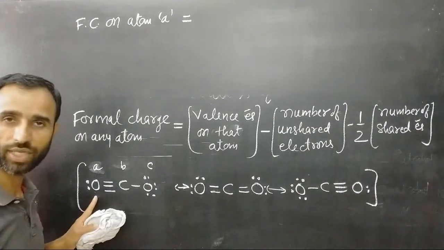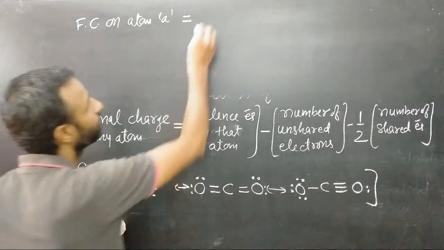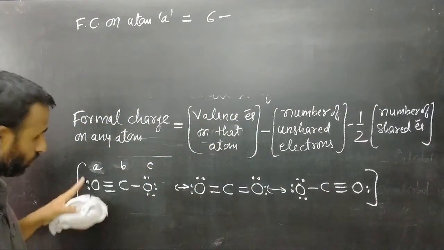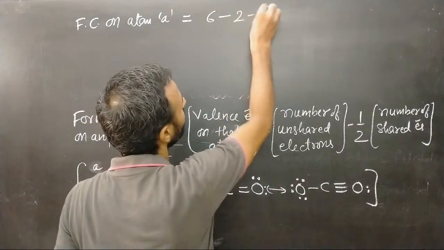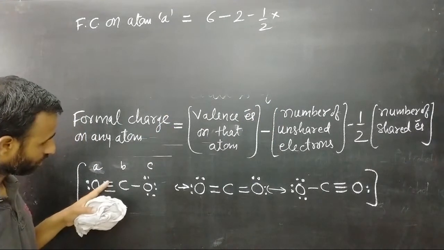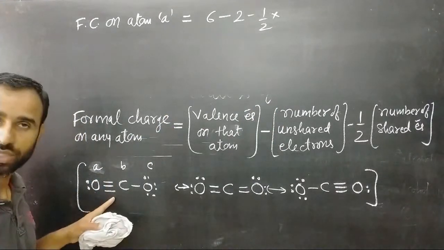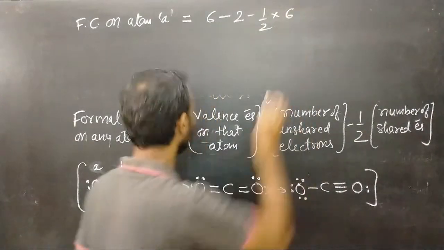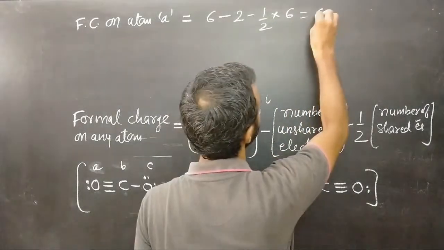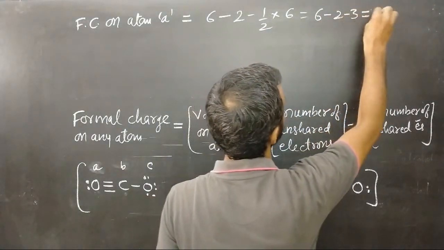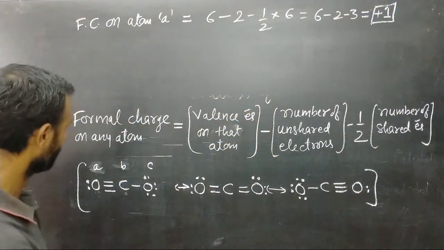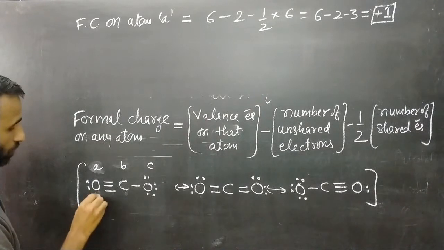How many valence electrons are there? 6, minus unshared 2, minus half of shared. So how many shared electrons are there? Total shared electrons 6: 3 its own and 3 of carbon. Total 6. That means it is equal to 6 minus 2 minus 3. That is equal to plus 1. So formal charge on this oxygen is plus 1.